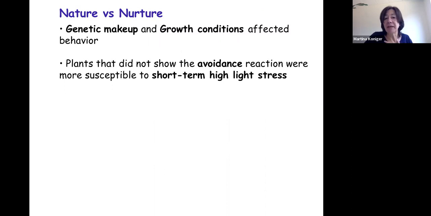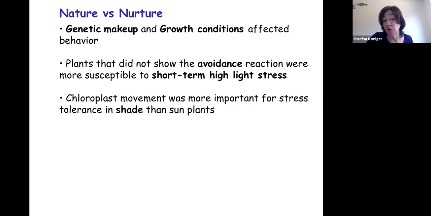And what we found out is that it's both the genetics that's important and how they grow up. And plants that couldn't move their chloroplasts out of the light were much more stressed than those that could. And moving your chloroplasts out of the light was really important for plants in the shade. So shade plants are those that have grown up in the shade, and then there's sun plants.